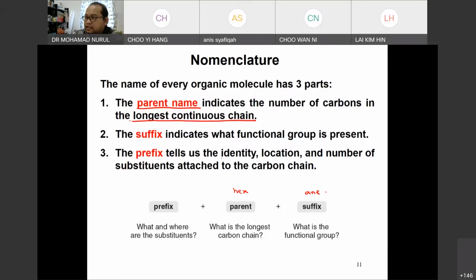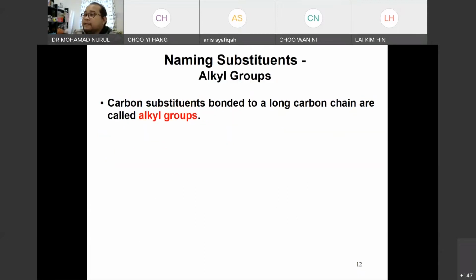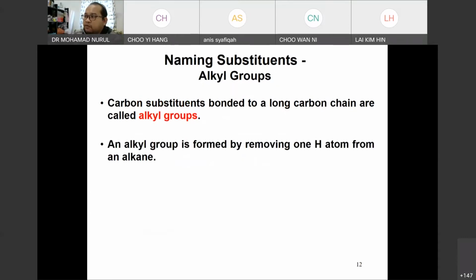It tells us the identity, locations, and number of substituents. This is very important. If they have a branched structure, you have to find the longest chain first and name the branches based on numbers.